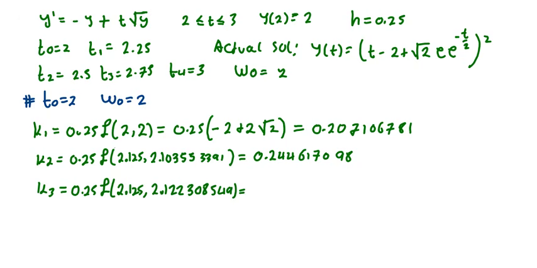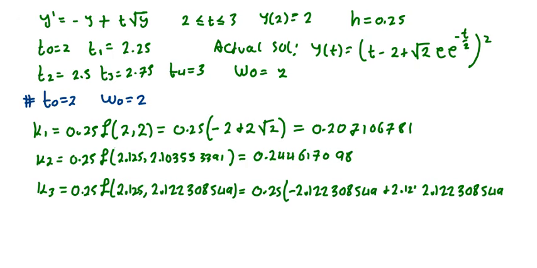So even here in a similar manner, it will be 0.25 open bracket minus, you get this value right here, you place it right here. So let me just copy it and also place it somewhere there. So it will be that plus the same 2.125 times the square root of this one right here.